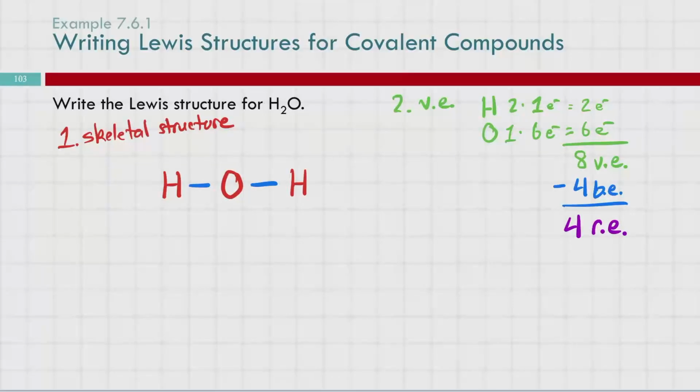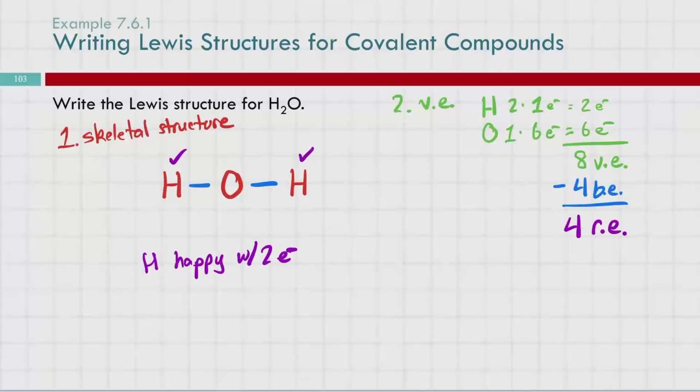Do we need to give hydrogen, either of them, any more electrons? We do not. Hydrogen is happy with one bond. It's happy with a duet. So hydrogens are good. H is happy with 2 electrons.